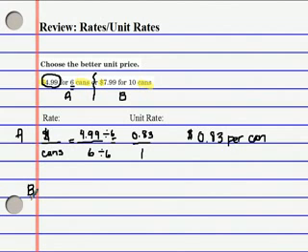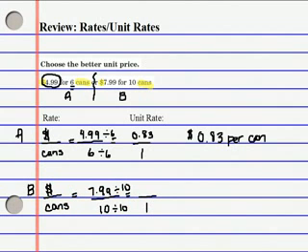Now if you're really brave, you can press pause here and try to get your own unit rate for situation B. Click play when you have an answer and see if you came up with what I came up with. I need my labels, and I need my numbers. And since I want to know how much for 1 can, I will turn that rate into the 1.